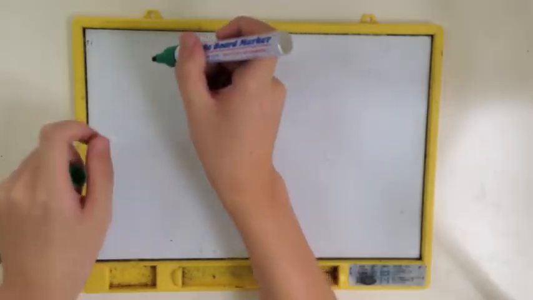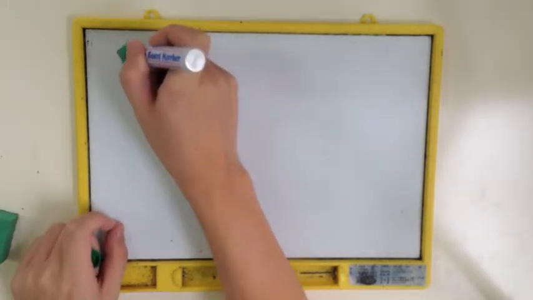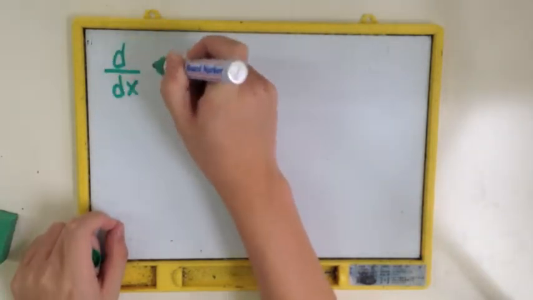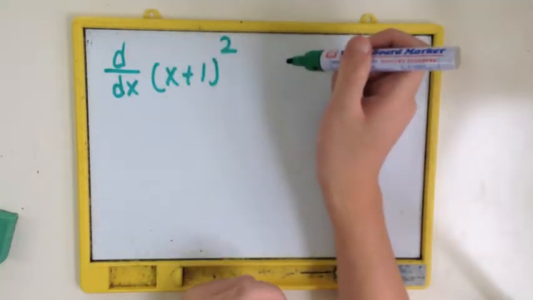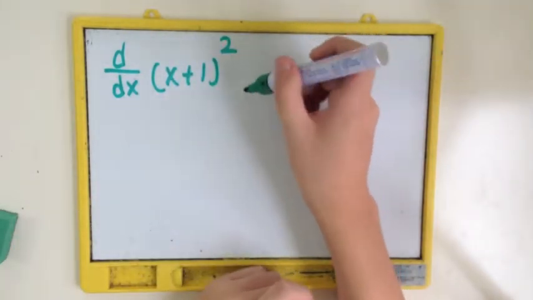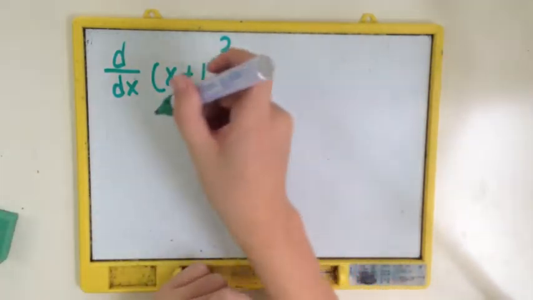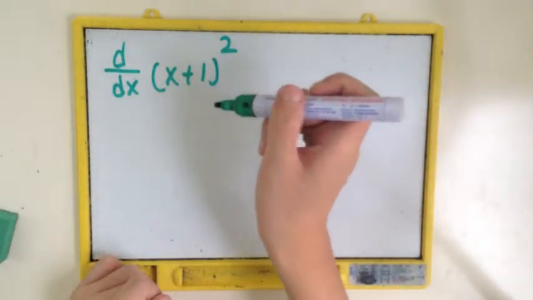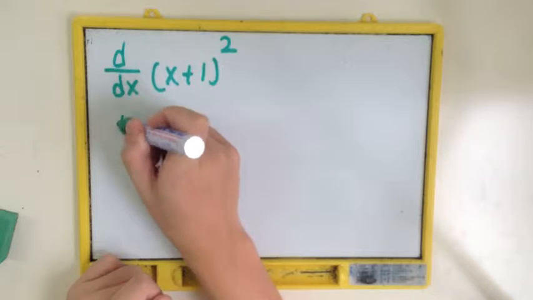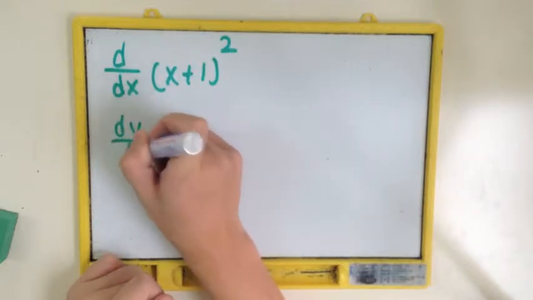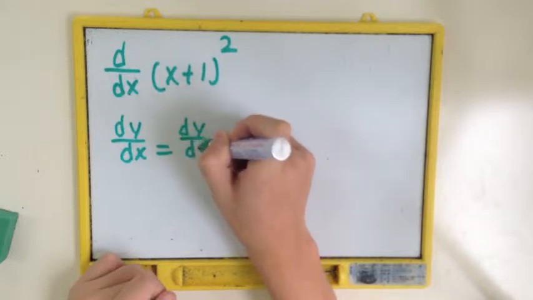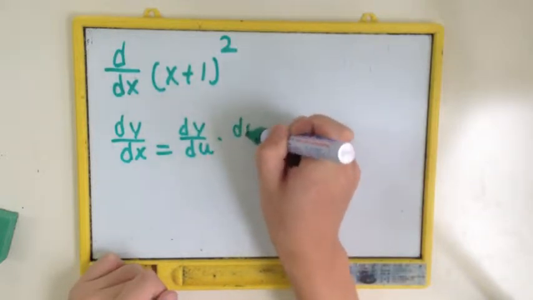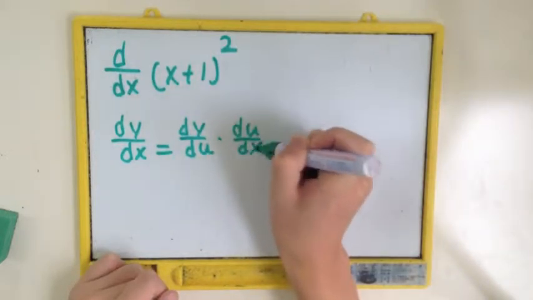The first example we're going to do for chain rule is the differential of (x plus 1) squared. Since there is no direct rule for differentiating this kind of equation, we're going to use chain rule. We previously mentioned that chain rule says dy over dx equals dy over du times du over dx.